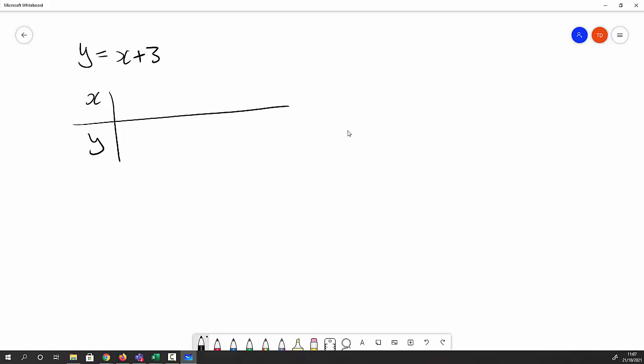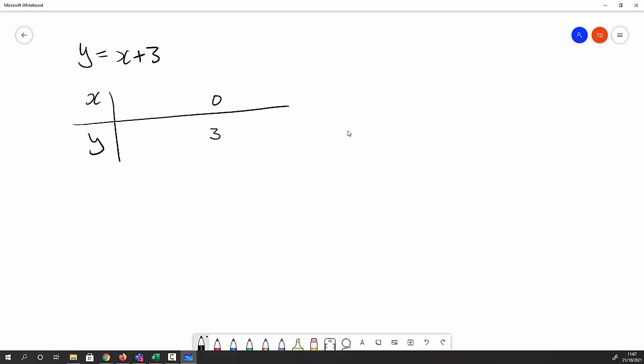And I'd start over here with x equal to 0. So I've got space for some negative values and space for some positive values. And then I'd populate the table with what those values are. But in the case of a straight line graph, what I might be tempted to do is just take 2 points, because 2 points will give you a straight line. So when x is equal to 0, looking at the equation, y is obviously going to be equal to 3.